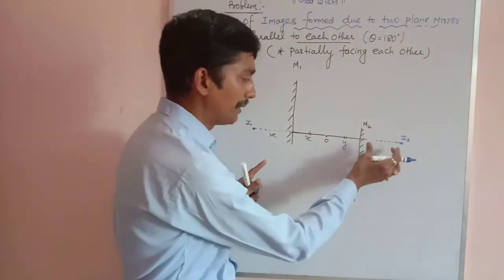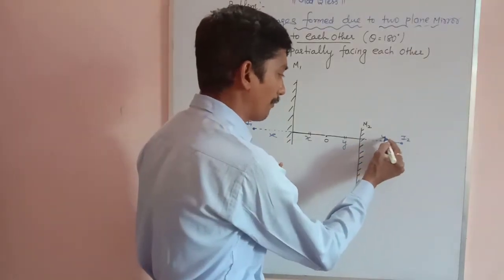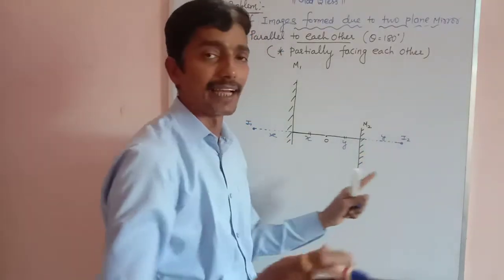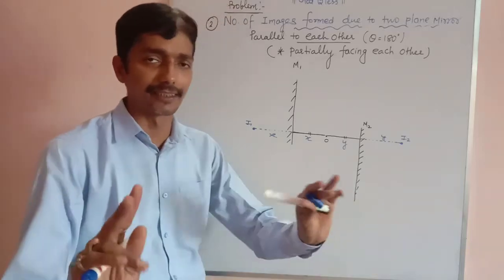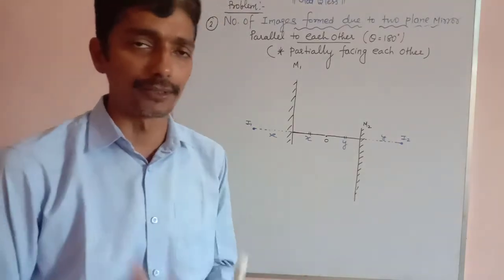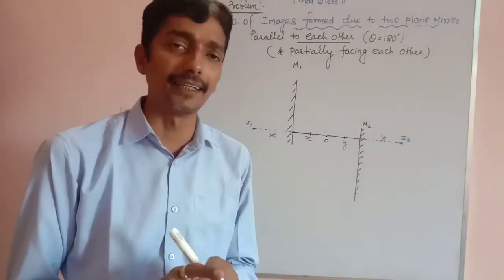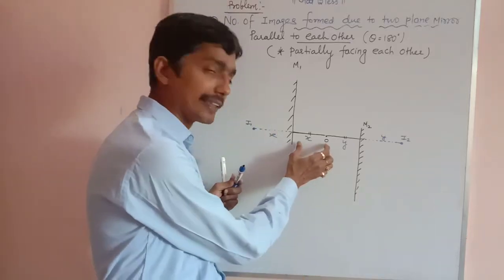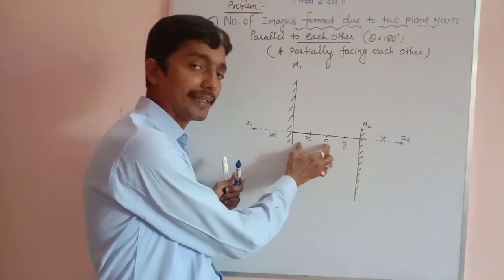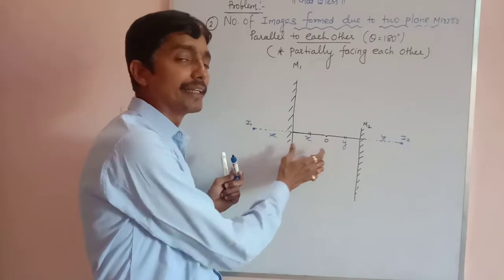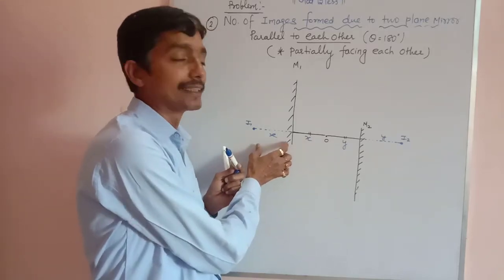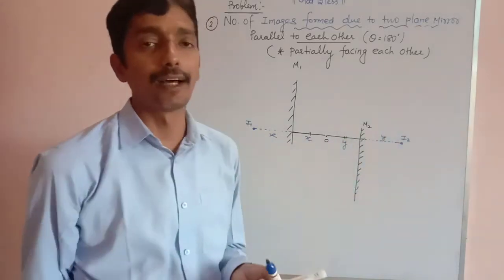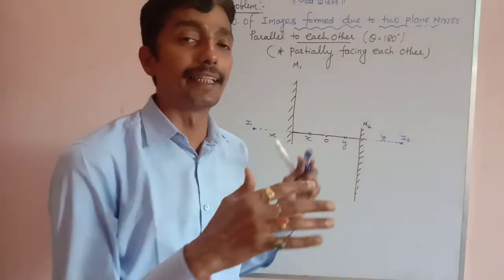So at the same equal y distance the image will form inside the mirror, let that be I2. Okay, this is the simple one. This is my trick also. So remember again and again that whatever be the distance of the object from the mirror, at the same equal distance the image will be formed inside the mirror, right? Now let's go to the next step to complete the ray diagram.